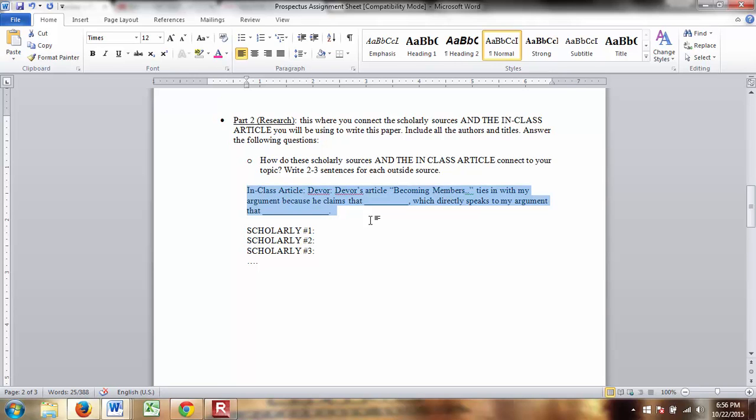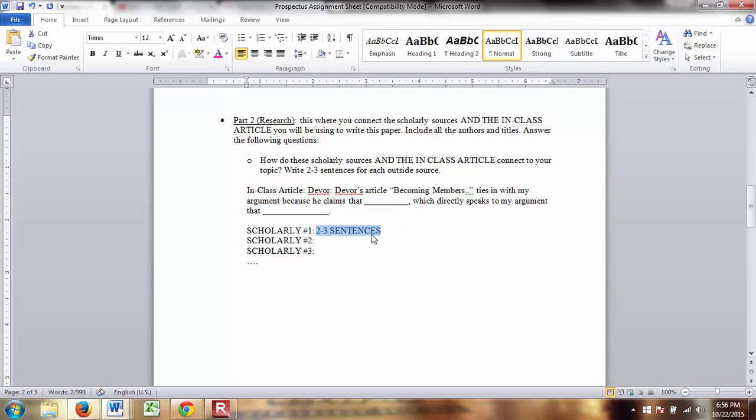So again, you have a space here for the in-class article, and then you have a space for each of the 3 scholarly sources. Okay, so you want to make sure that you do both of these. You need to have the in-class article and the scholarly sources here for part 2 of this prospectus. Students mess this up all the time. Please put your in-class article here, 2 to 3 sentences for that, and then 2 to 3 sentences for each of these.